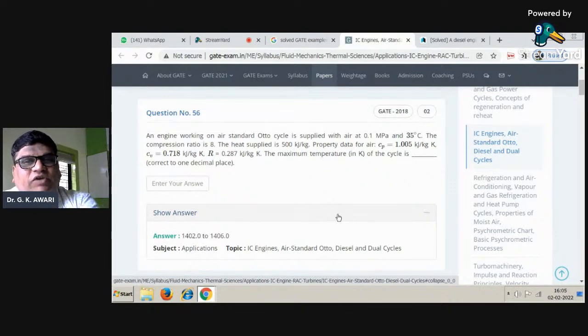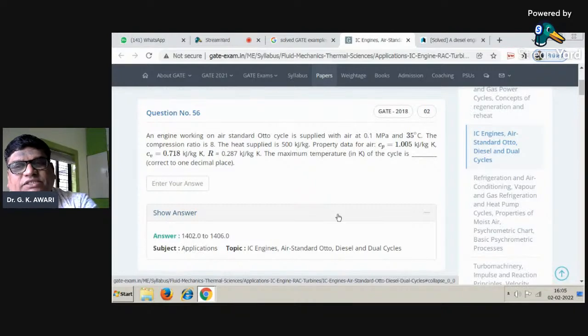So an engine working on an air standard Otto cycle is supplied with air at 0.1 megapascal and 35 degrees centigrade. The compression ratio is 8. The heat supplied is 500 kilojoule per kg. The property data for the air: Cp is equal to 1.005 kilojoule per kg Kelvin, Cv is equal to 0.718 kilojoule per kg Kelvin, R is equal to 0.287 kilojoule per kg Kelvin.